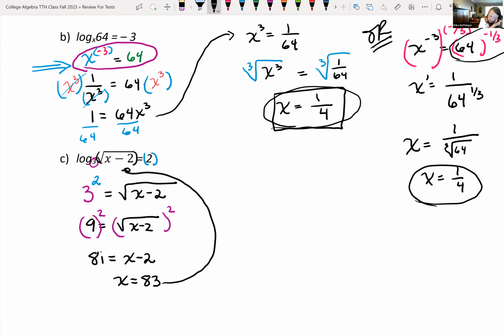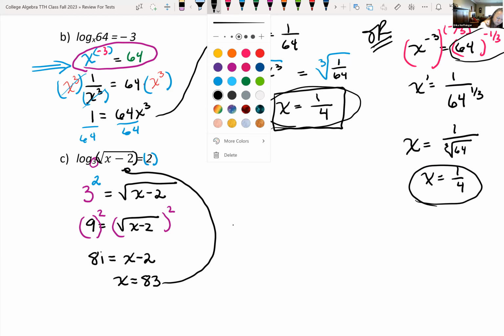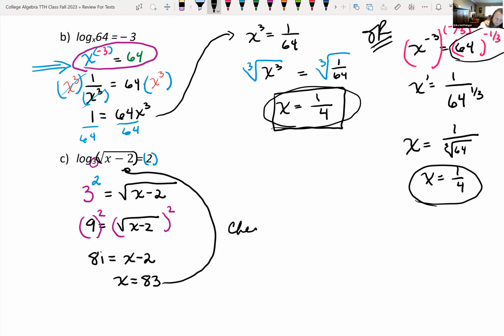Okay, so going back here, let's just check it. We must check. So is log base 3 of the square root, plugging in 83 for x, of 83 minus 2, really equal to 2?